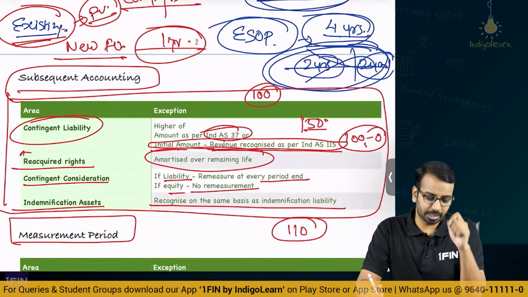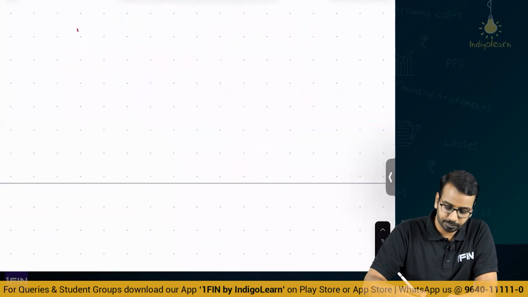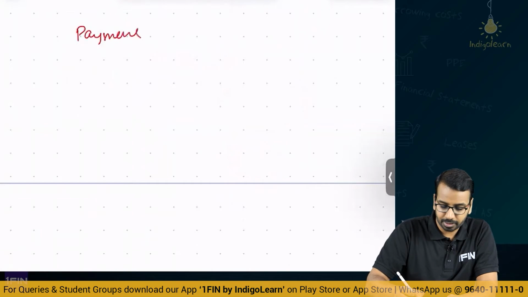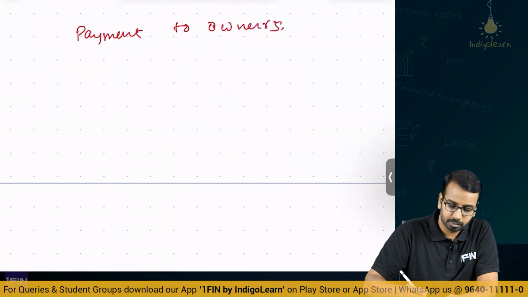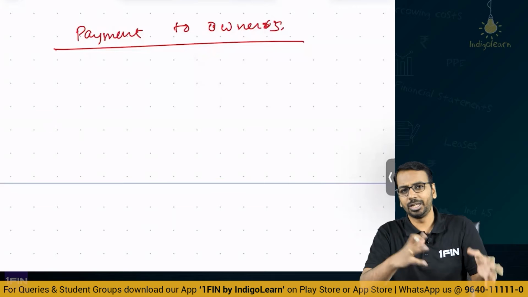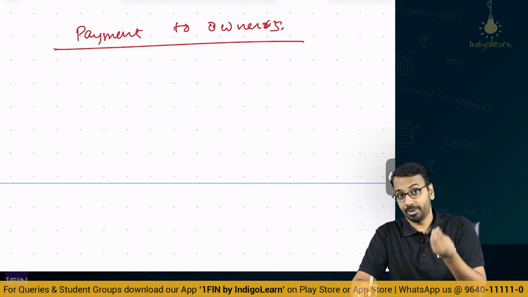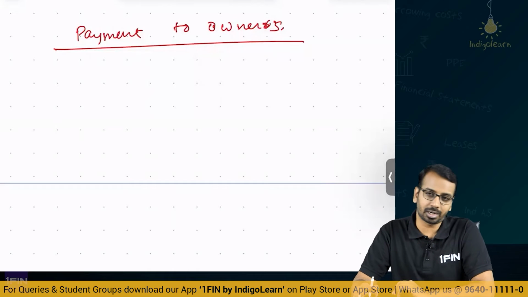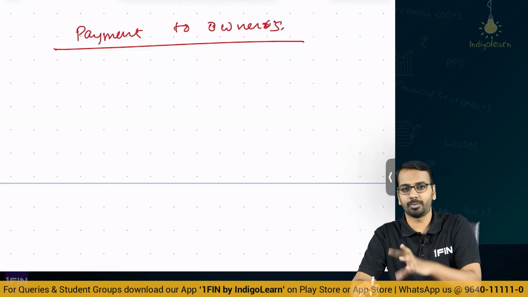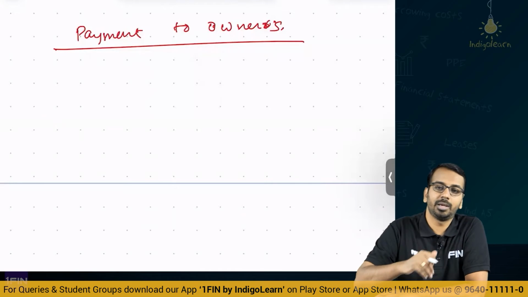Now there is one more aspect which we have to understand, that is payment to owners. Say for example, IndigoLearn, we sold it to some other company, okay, and what I did was, I am an employee of the company, I have resigned from the organization, directors and employees, the shareholders, we have resigned. If all of us resign, do you think the other party will be able to run the business?